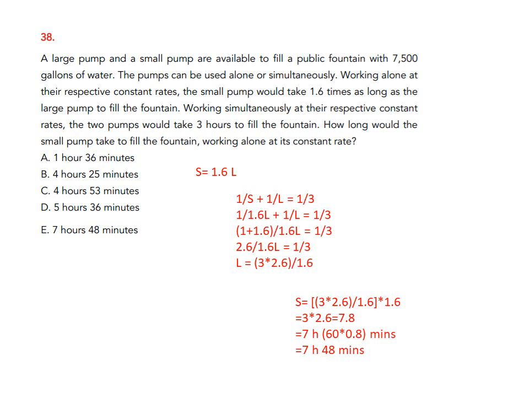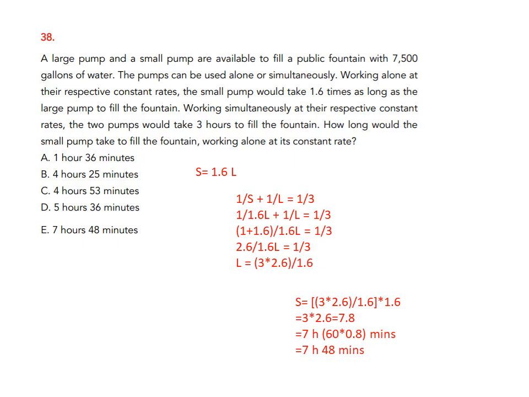I haven't written the whole number but kept it as an expression because it will be easy for us to find out the time for the small pump. So S is equal to 3 into 2.6 divided by 1.6, multiplied by 1.6.